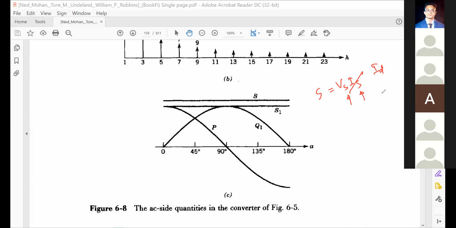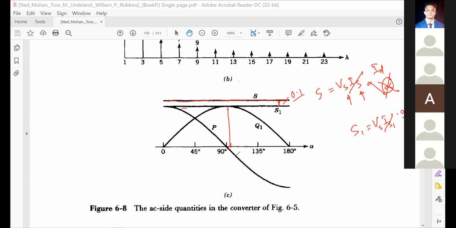This is the RMS value, and there is no function of alpha here. So it is a constant, right? And IS1 is your 0.9 ID, right? And then this is equal to 0.1 difference. So you are getting also this one. And what will be the peak value?